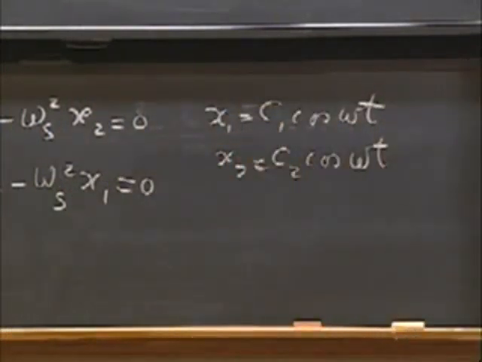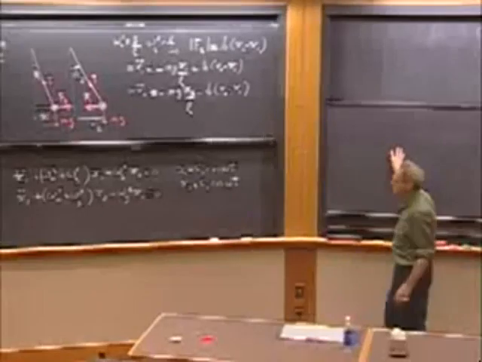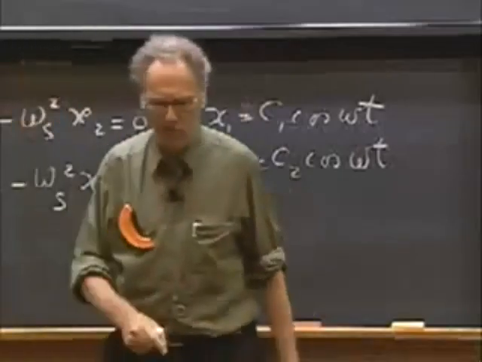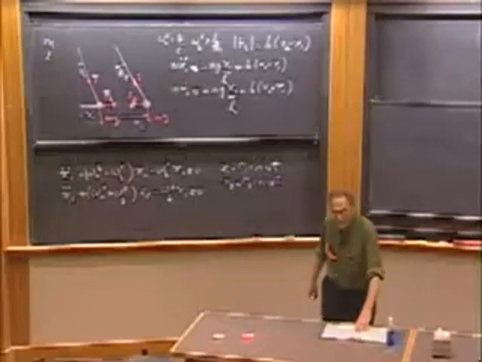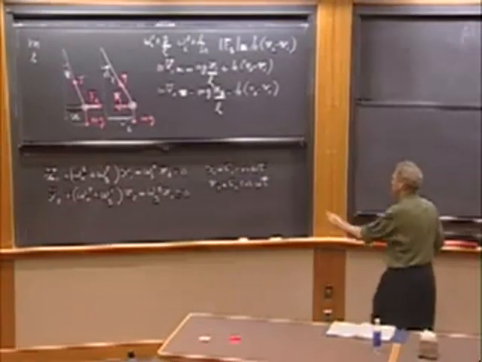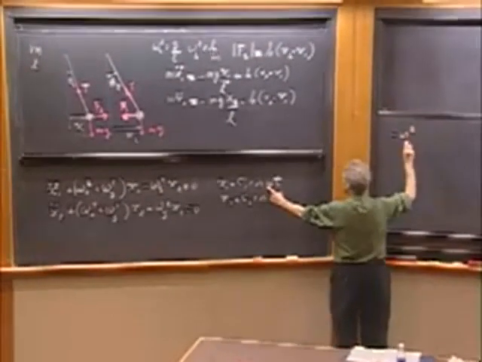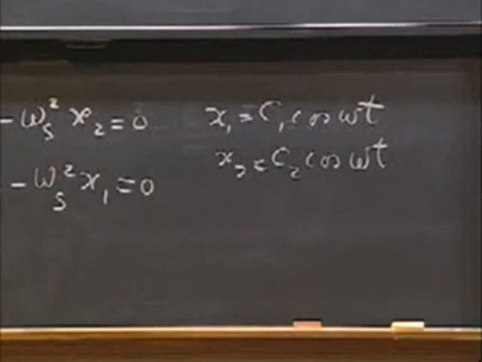We go slowly. I want you to follow each step. I'm going to work up here so that you can see it high. So I'm going to substitute this in here. The x1 double dot will give me a minus omega squared, right? Because you get twice omega out. Minus omega squared times c1.